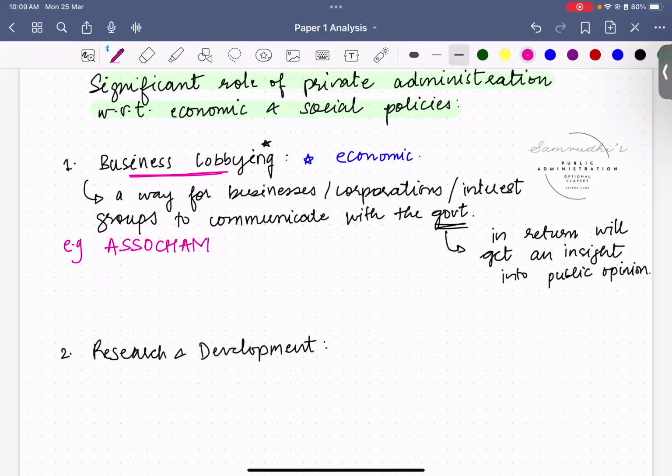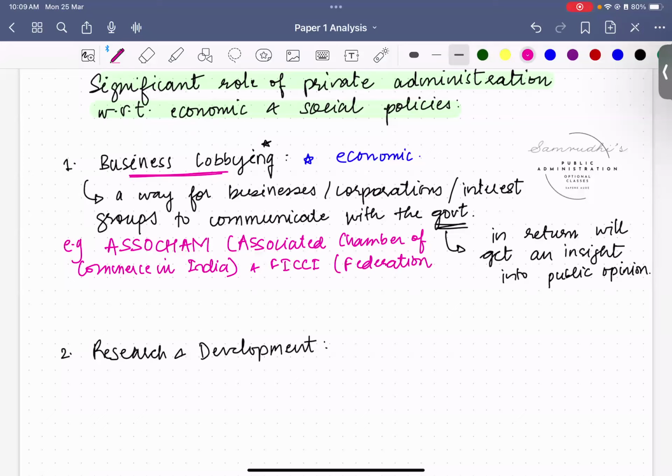The ASOCHAM, which is the Associated Chamber of Commerce in India, and FICCI, the Federation of Chamber of Commerce and Industry.